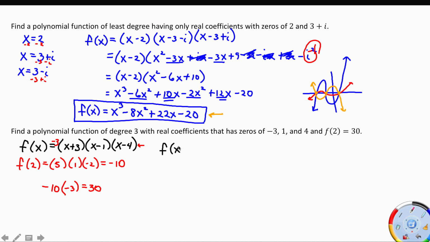So multiplying it out, okay, I've got negative 3x minus 9. Just going to go ahead and distribute this one, right? And then I'll multiply these out, 2 at a time, right? So that next one gives me x squared minus 4x minus 1x, so minus 5x plus 4.